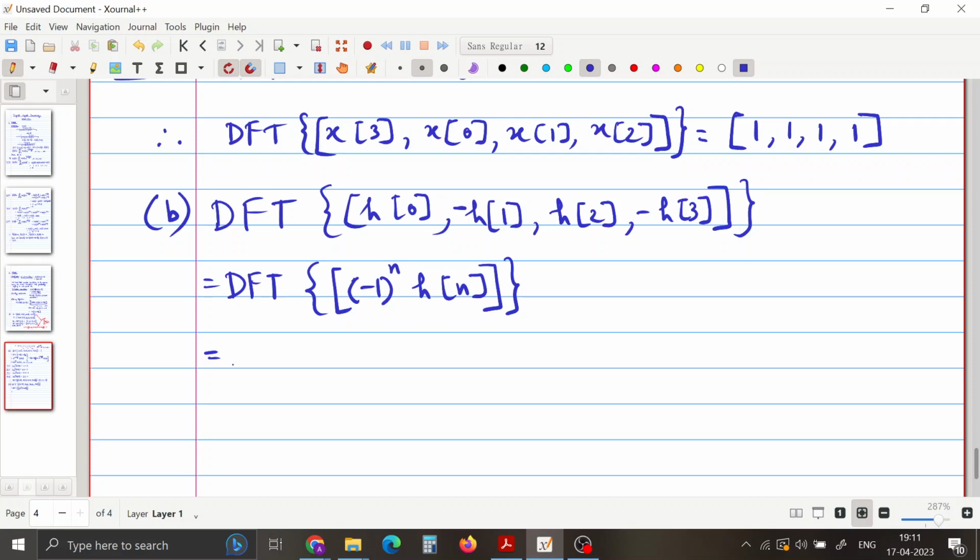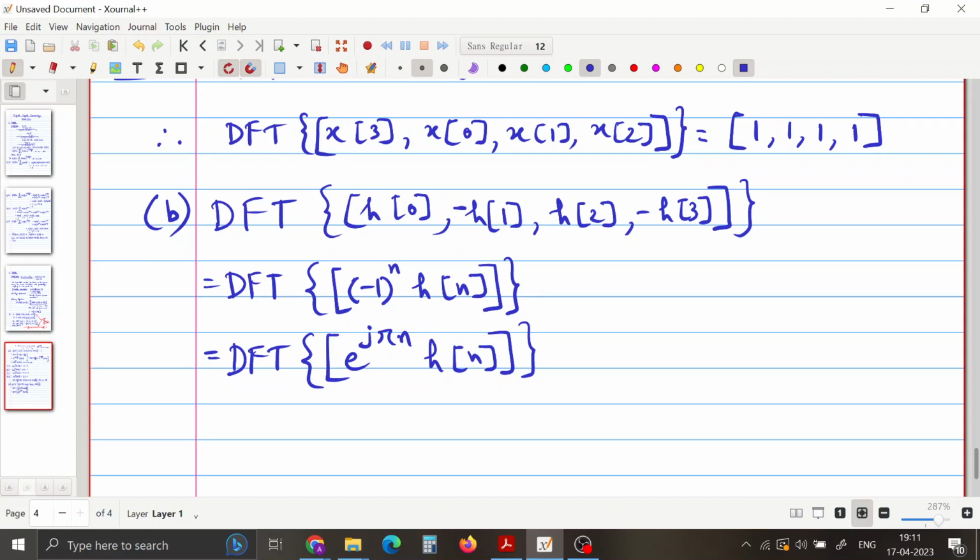What is that? If you have to express it in the form e power j 2 k pi by N, what would that be? You can write minus 1 to the power n as e power j pi n, times h of n. This is fine, right?